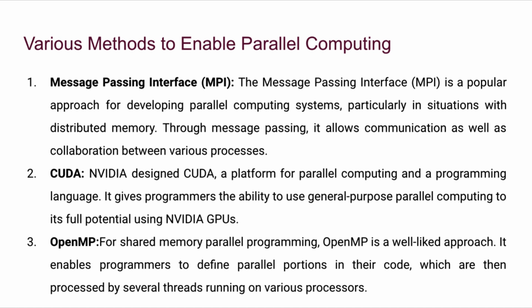Various methods to enable parallel computing. Different frameworks and programming models have been created to support parallel computing. The design and implementation of parallel algorithms are made easier by these models' abstractions and tools. Programming models that are often utilized include Message Passing Interface, MPI. The Message Passing Interface, MPI, is a popular approach for developing parallel computing systems, particularly in situations with distributed memory.